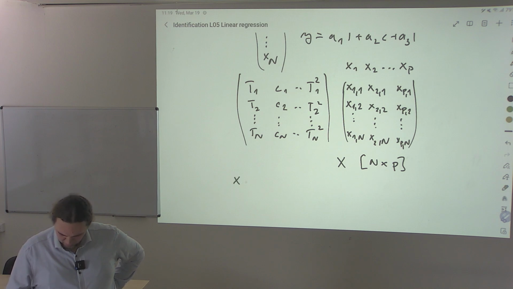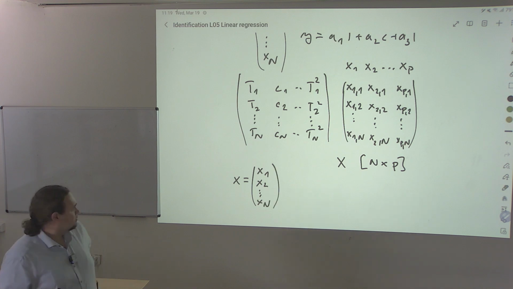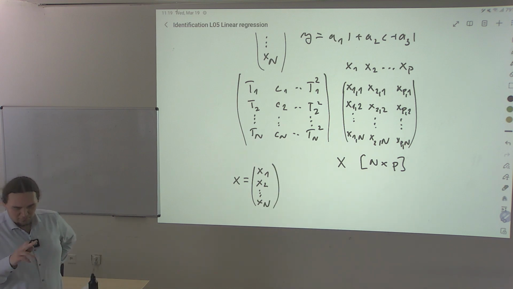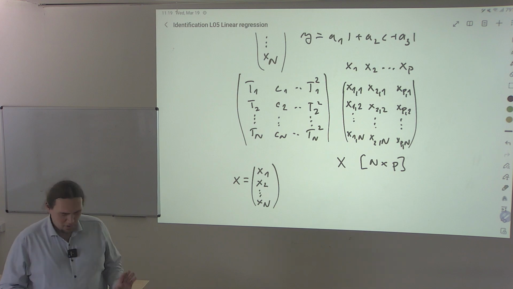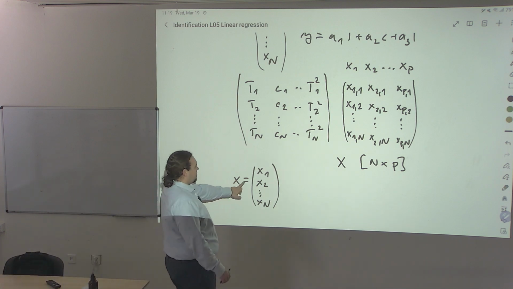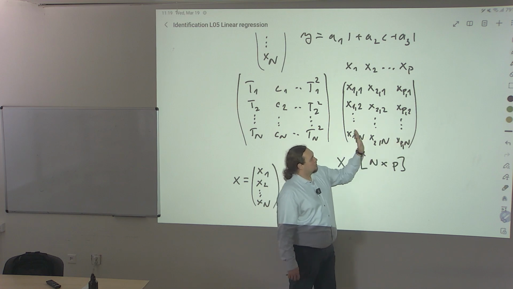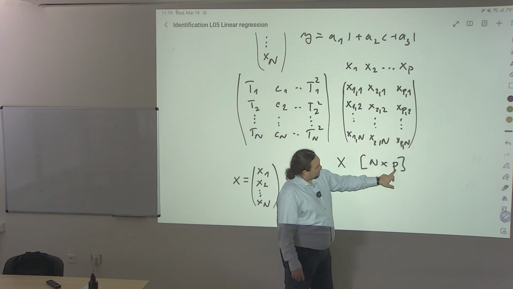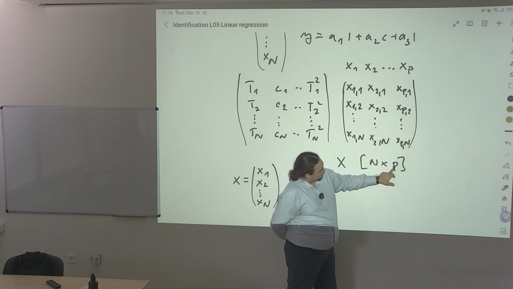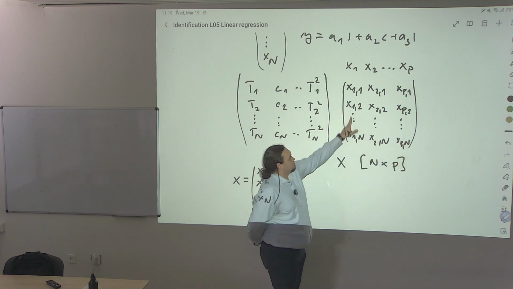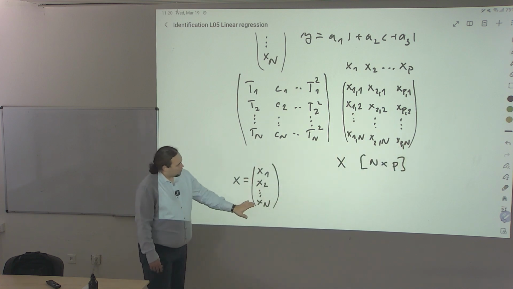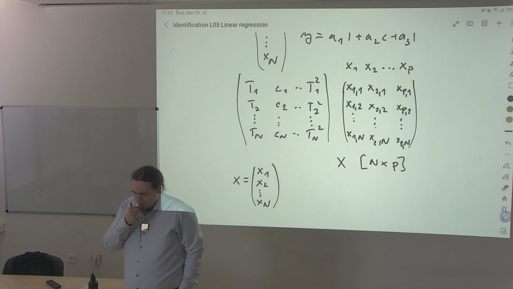If we are talking about the lowercase x, it is our good old data vector. So just one variable. It's like making this matrix thinner, removing all the p-1 columns, so we are just left with one column.